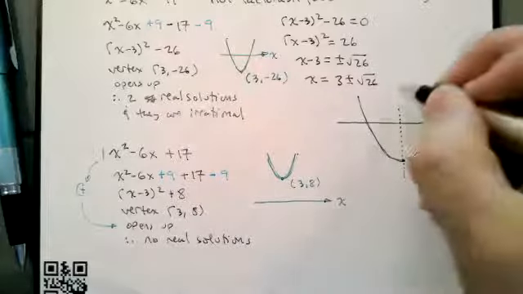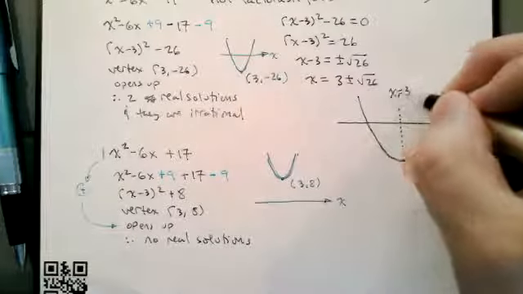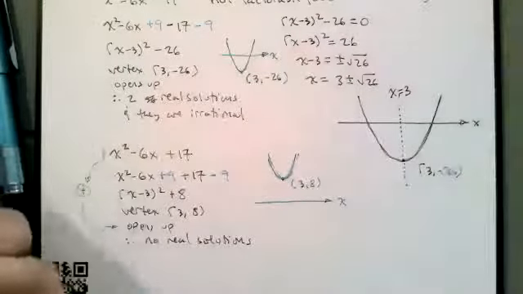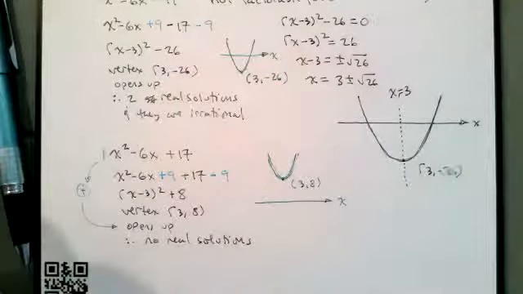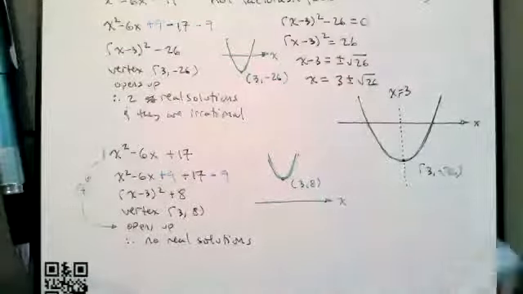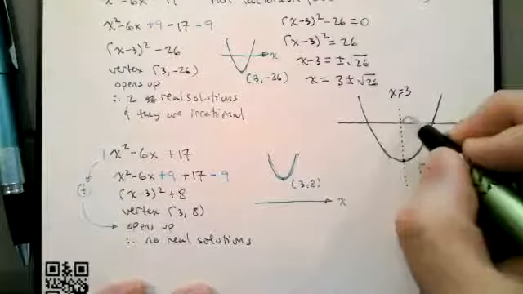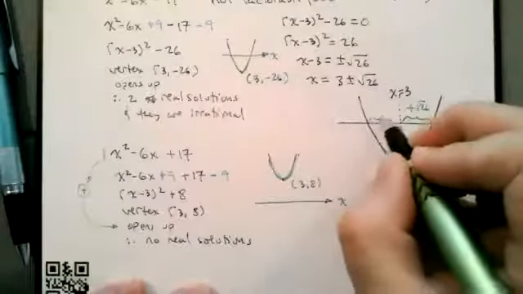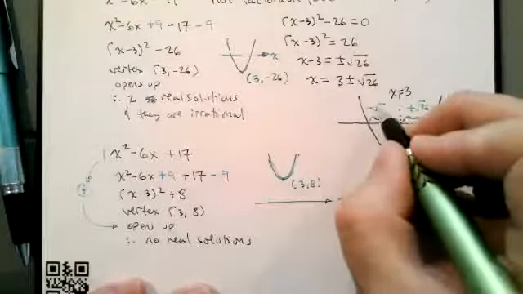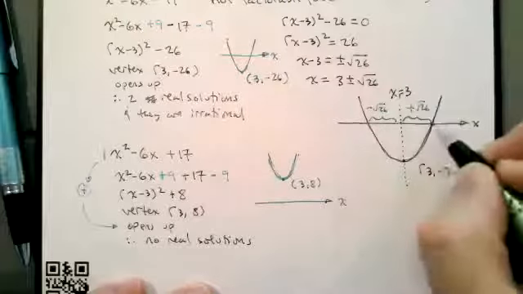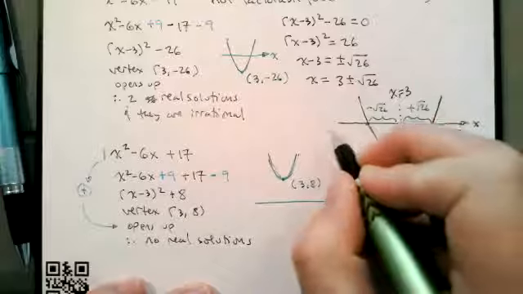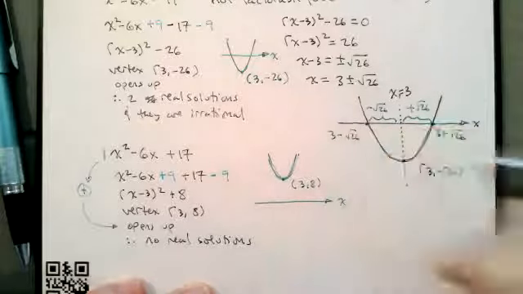And that axis of symmetry happens when x is equal to 3. And then the plus or minus the square root of 26 is because there's symmetry. So we have a plus square root of 26 on this side and a minus square root of 26 on this side. So that's why up here we have 3 plus root 26, and down here we have the middle 3 minus root 26.